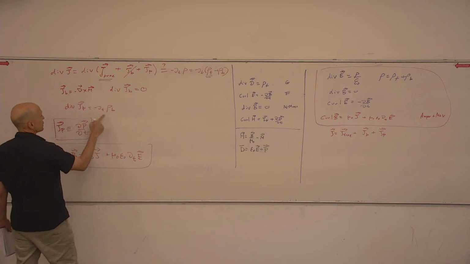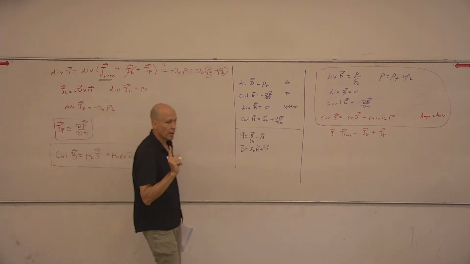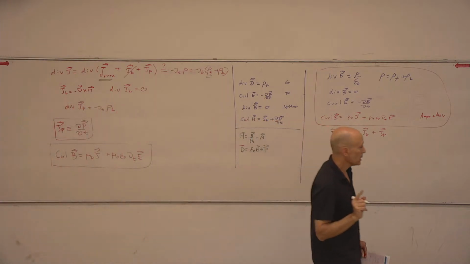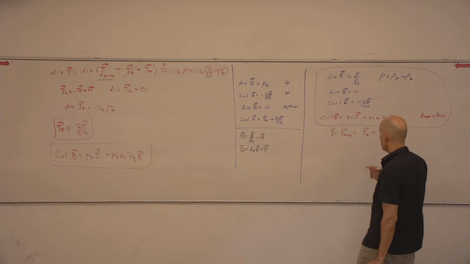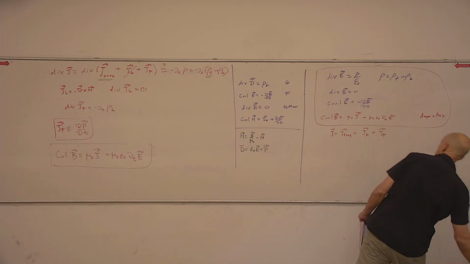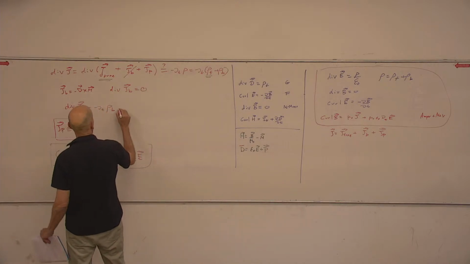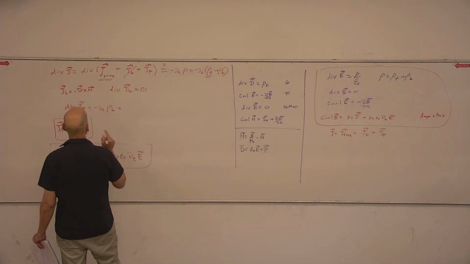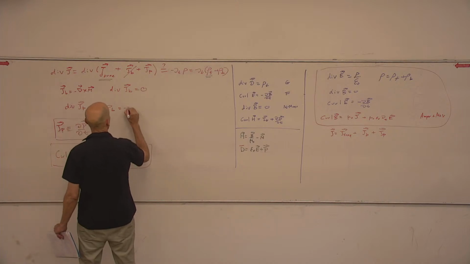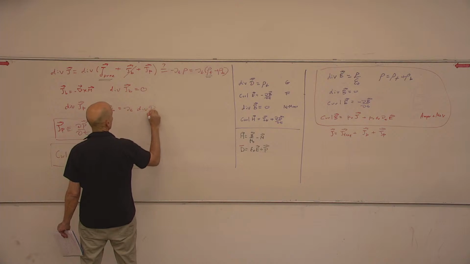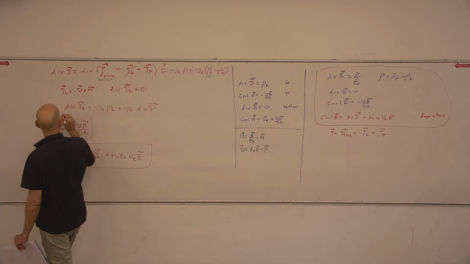This is the polarization rho b. Remember, rho b was also related to the polarization. How was it related? You should remember this. This was simply minus div P.